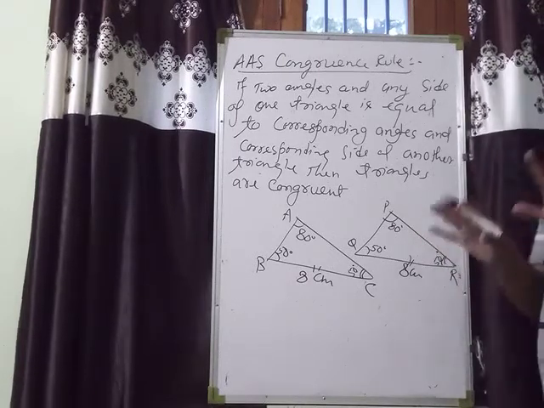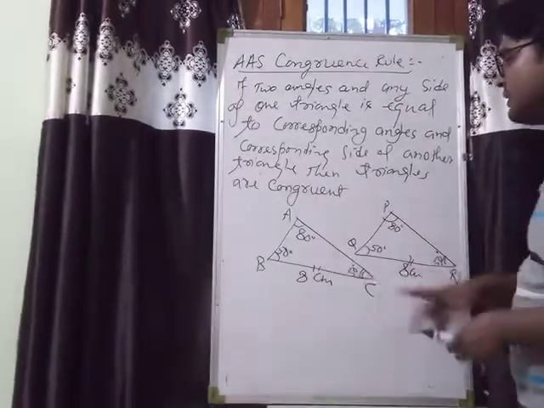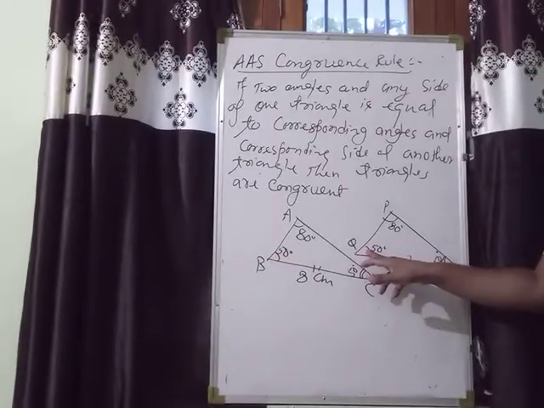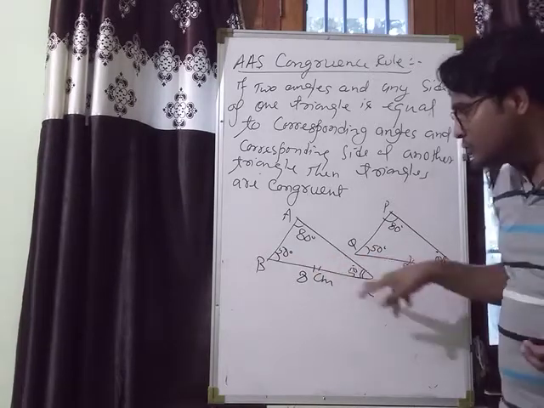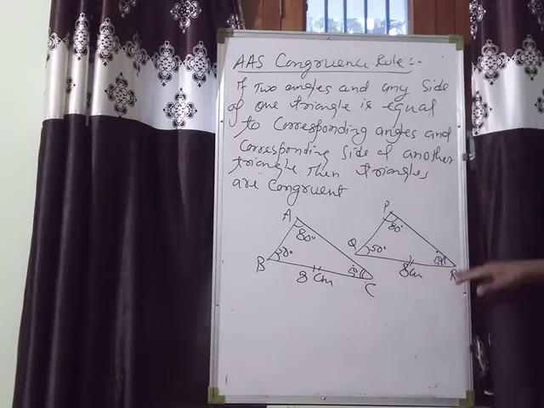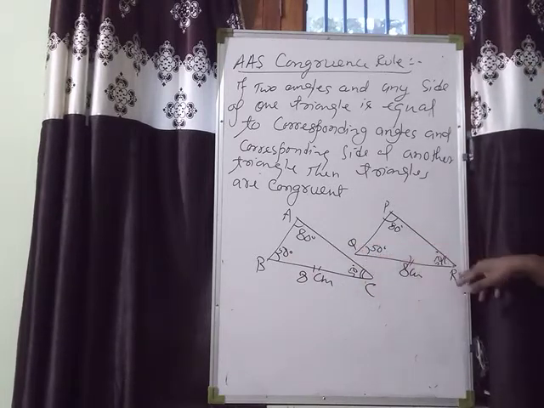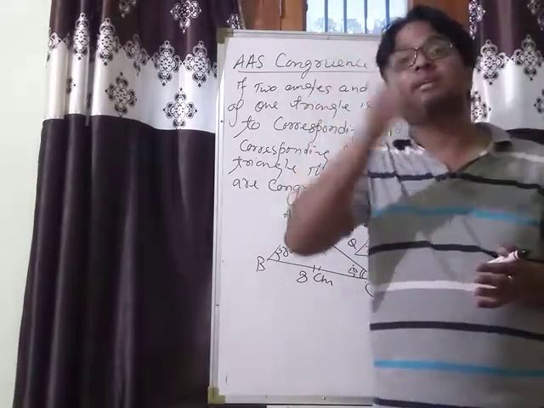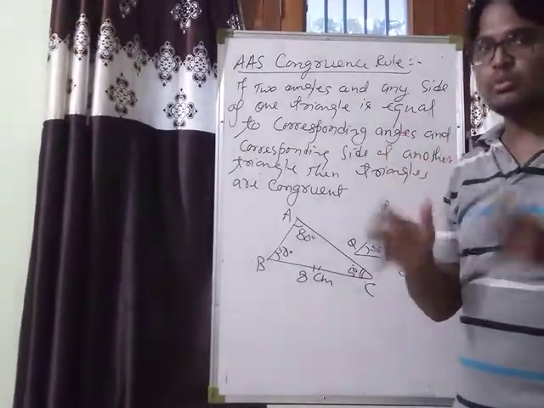Then obviously angle B is equal to angle Q, and angle C will become equal to angle R, and the side included between these two angles, that is BC, is equal to the side included between these two angles, QR. Again, this AAS becomes ASA. That's why AAS is also a congruency rule.